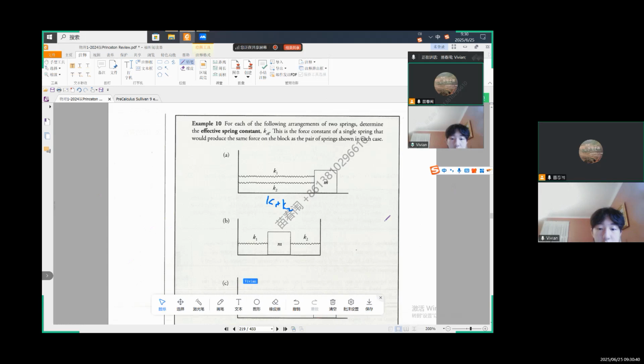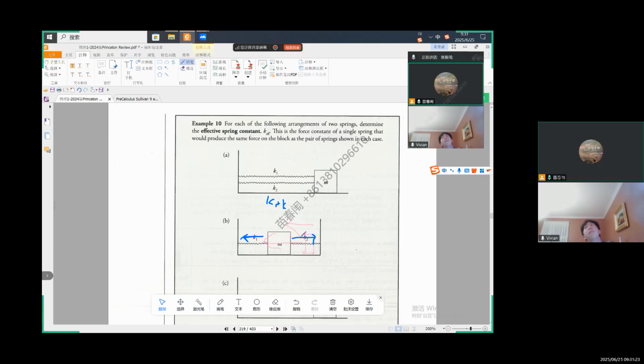This one's going this way, and this one's going this way. Wouldn't it be K1 minus K2? Yeah, that's the instinct. But if I push it in here, you can see that this one is giving a pull, right? And if you push this one, you also get a push to the left, which means you can't really subtract.